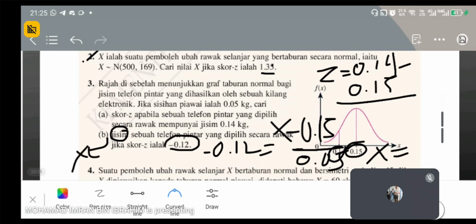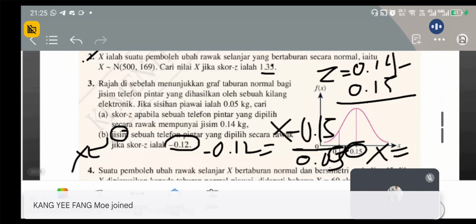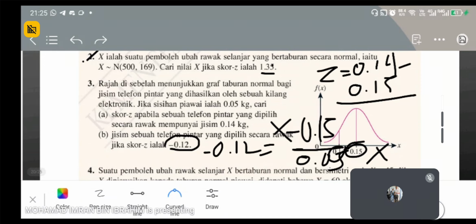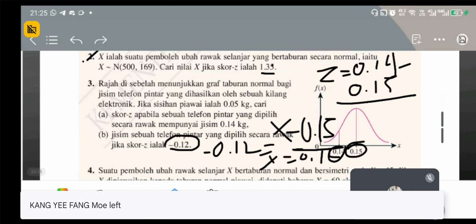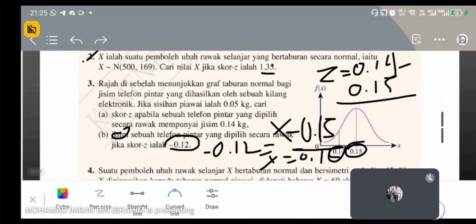So the X must be equal to 0.144, and the unit, because they are asking jisim, so kg. Alright.